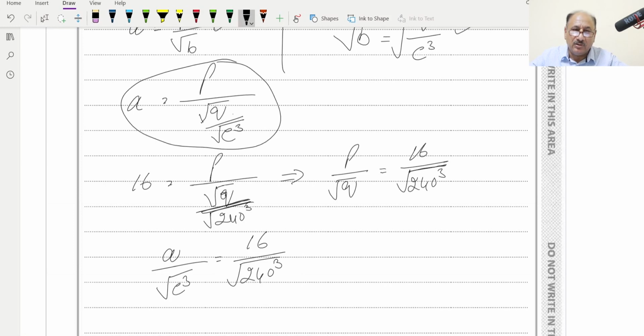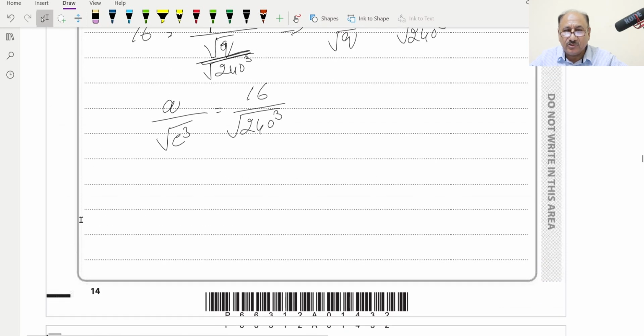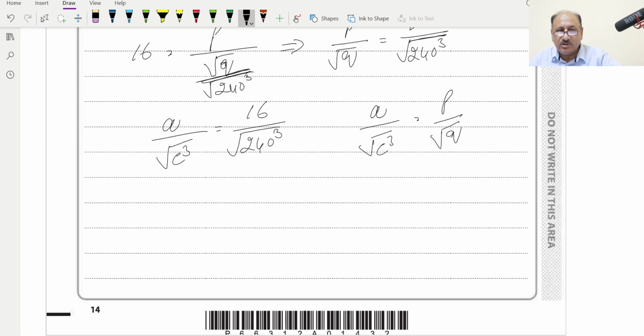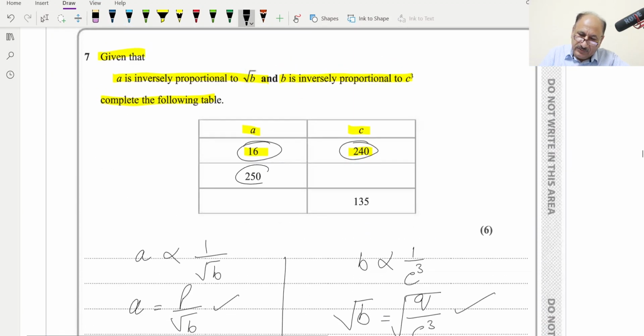From this equation we can write a over the square root of c cubed is equal to 16 over 240 cubed root, and this is from where we wrote a over the square root of c cubed is equal to p over the square root of q. This was our equation which we have written in this format. Now we will be using 250, this is the a value.